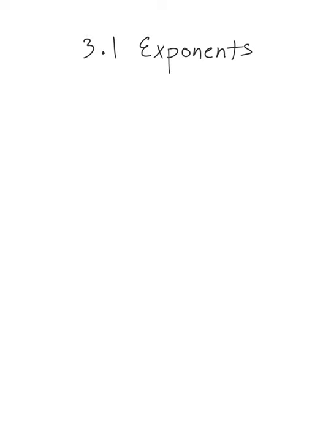So let's pull out an example here. Let's say I have 2 to the x minus 9 equals 4. Well, how do we solve this? I know 2 squared is 4.